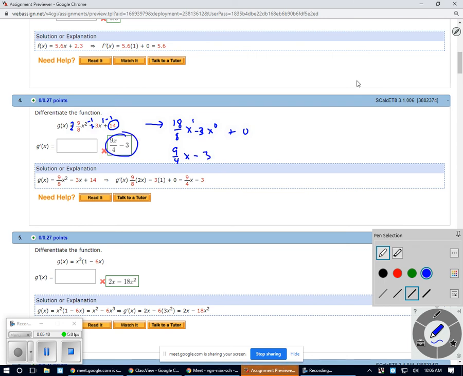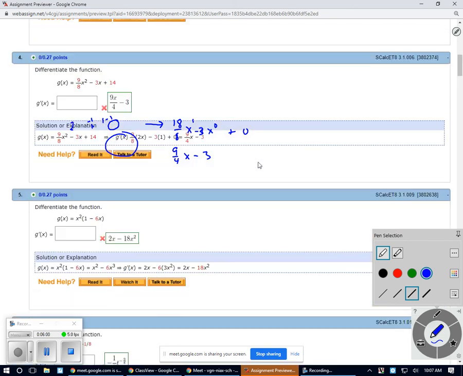You can put in either one. So 18, where'd I get the 18? The 2 times 9. Where'd I get x to the 1? 2 minus 1. Where'd I get no x over here? What happened to the x on the 3? 1 minus 1 is x to the 0. No x's. 1.